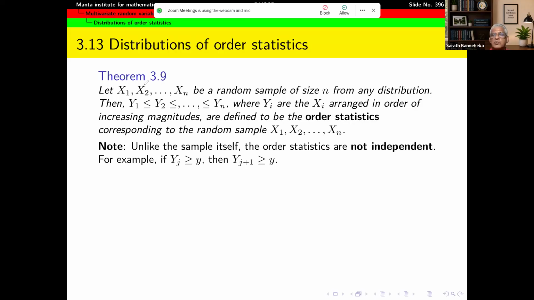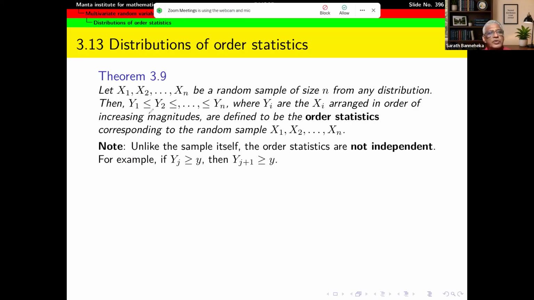Considering a particular distribution and considering a particular sample size. And let's see how the distribution of the first order statistic, how the distribution of the second order statistic, how the distribution of the last order statistic are generated.